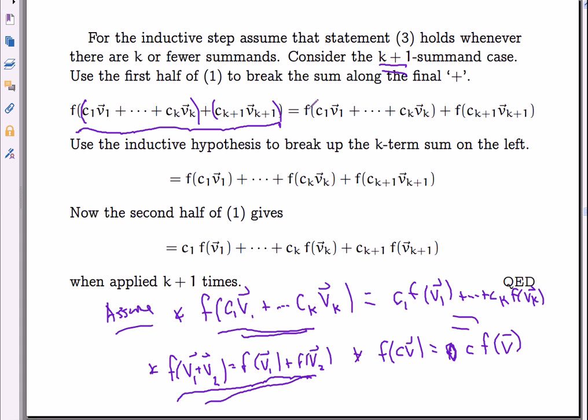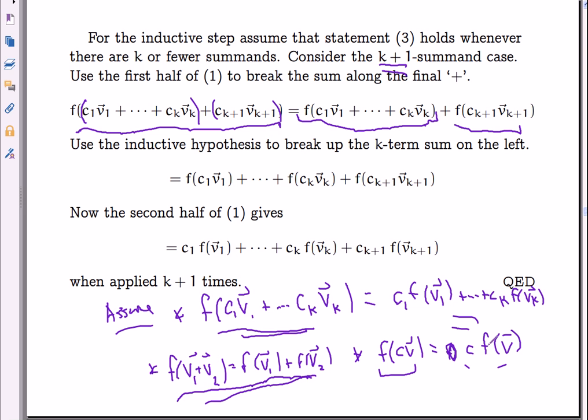Now at this point, look at this expression here. Because I'm using induction, I can assume that this expression can be broken up in the linear combination way. Furthermore, look at this expression here. This expression is the same as this expression here, constant times v, so I can pull out the constant there.